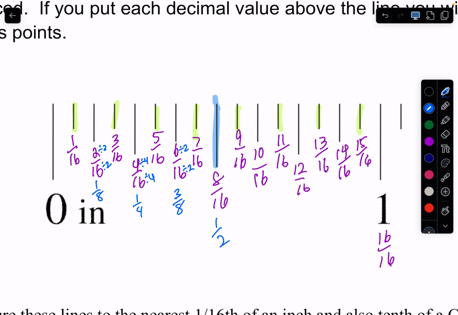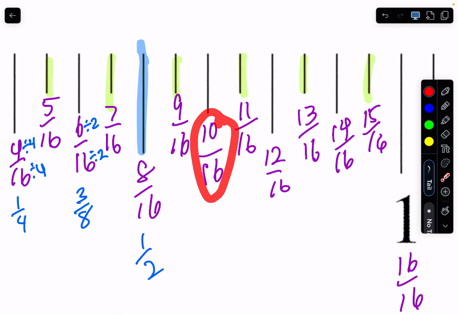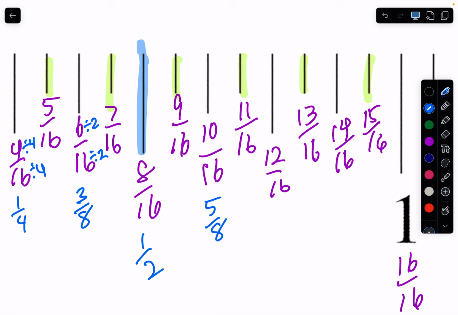10/16 is a nice one. Both of those are only divisible by 2, so you just cut them in half. So that's 5/8. 12/16 can divide by 4. It can divide by 2, then 4, then 8, in a kind of weird way. So 12/16, if you divide both top and bottom by 4, you get 3/4.